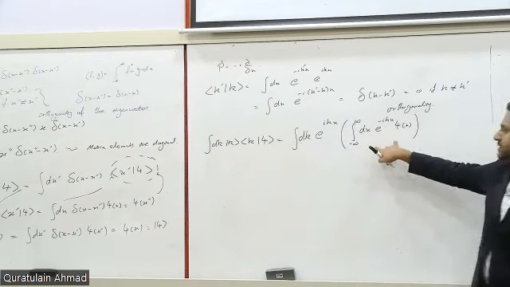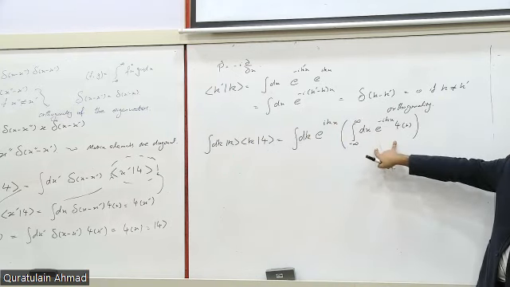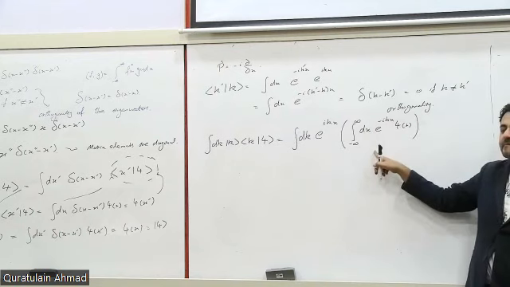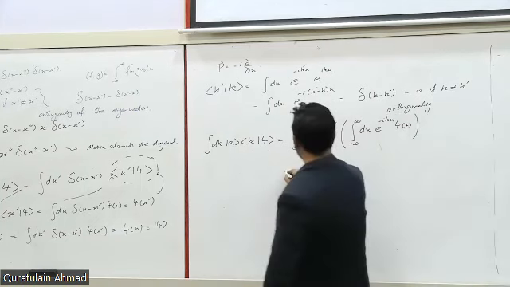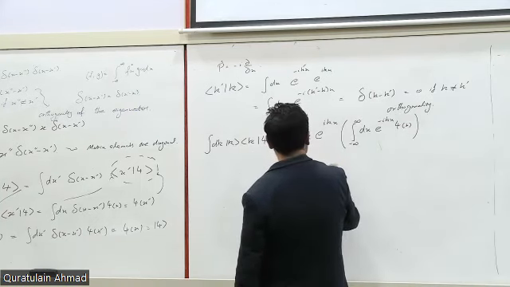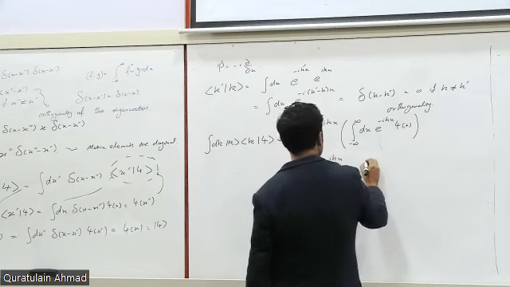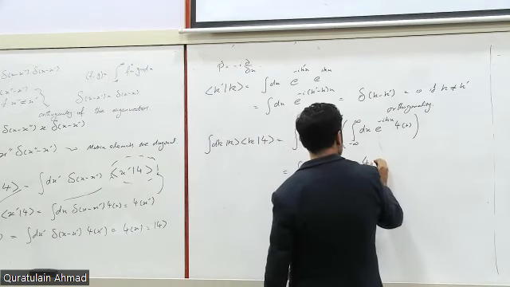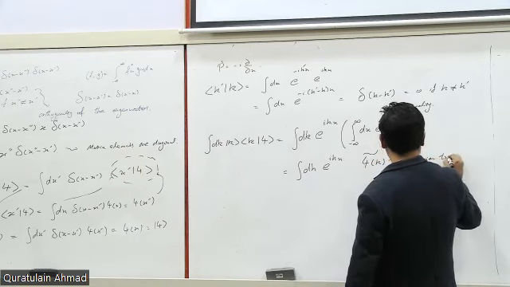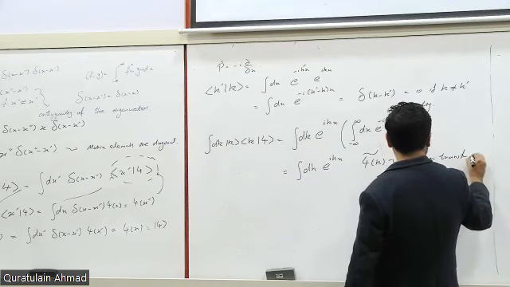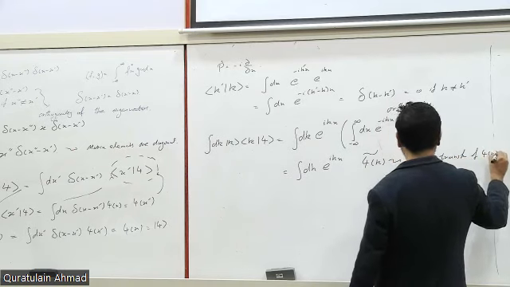But can anyone tell me what this object is? This is the Fourier transform of psi. Psi of k tilde, Fourier transform of psi.